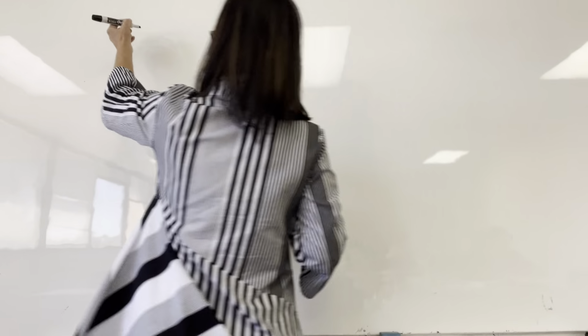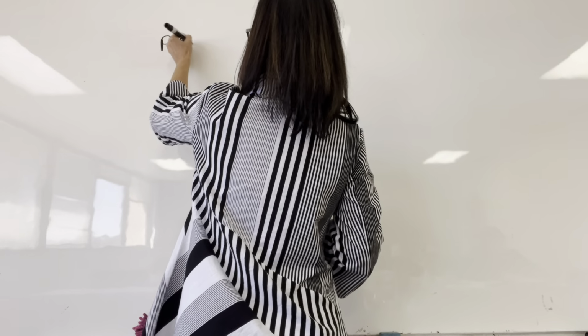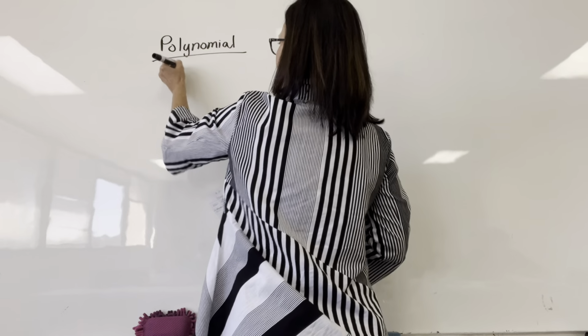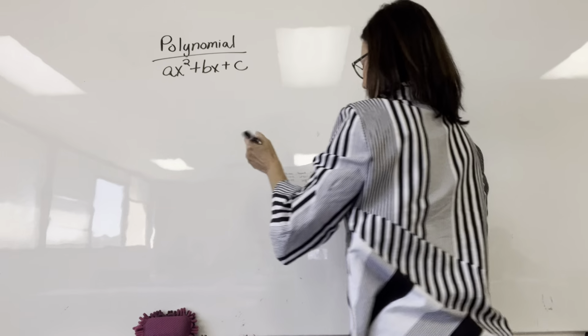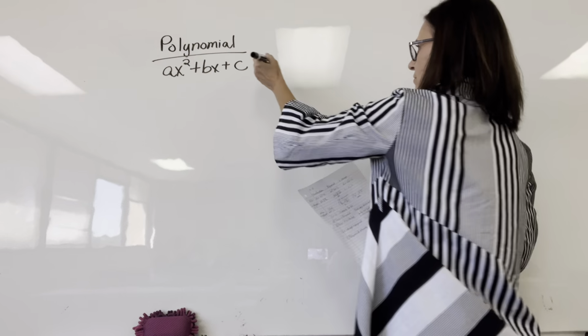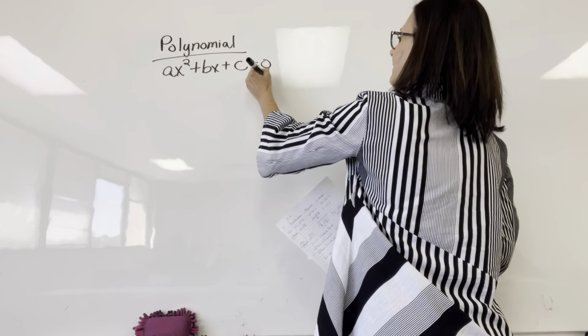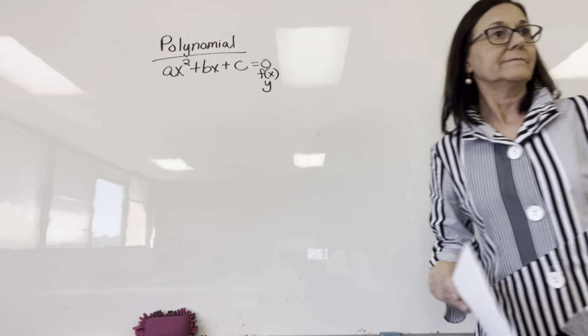All right. So last year, we did work the polynomial. So that's just ax squared plus bx plus c equals 0. Or I could have said equals f of x, or I could have said equals y, right?